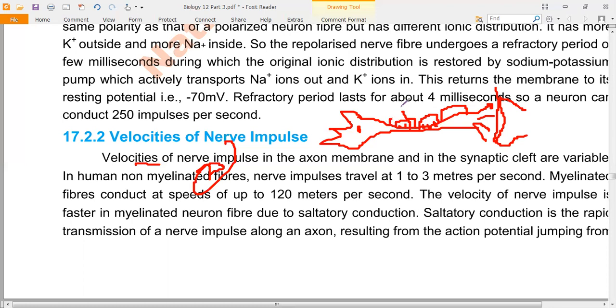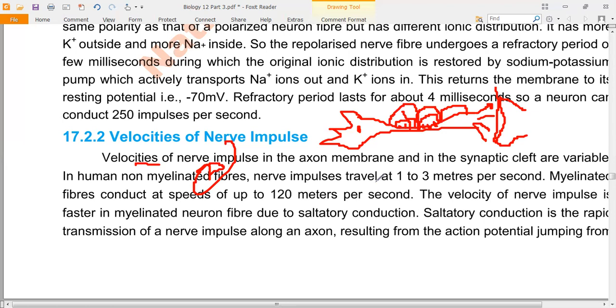So the nerve impulses jump here because voltage gates are present on the nodes of Ranvier. These are called nodes of Ranvier, and this is called saltatory movement, like they jump from one to another.